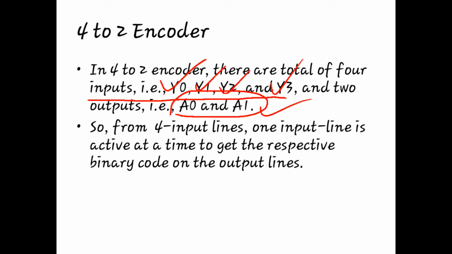As far as its working is concerned, among these 4 input lines, one line will be active at a time, and that line will give the respective binary code on the output lines.